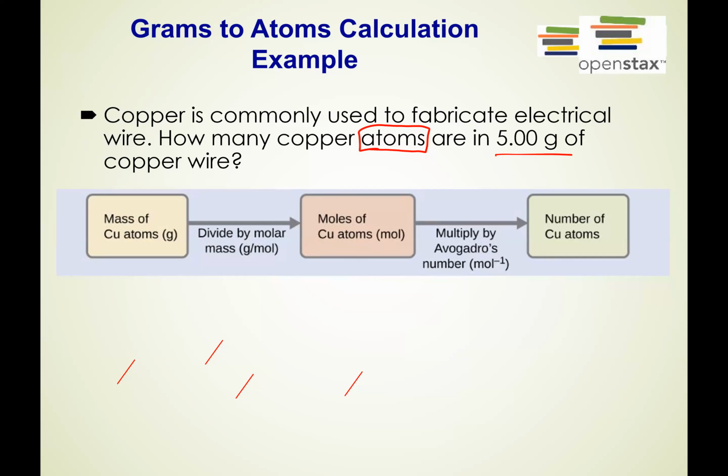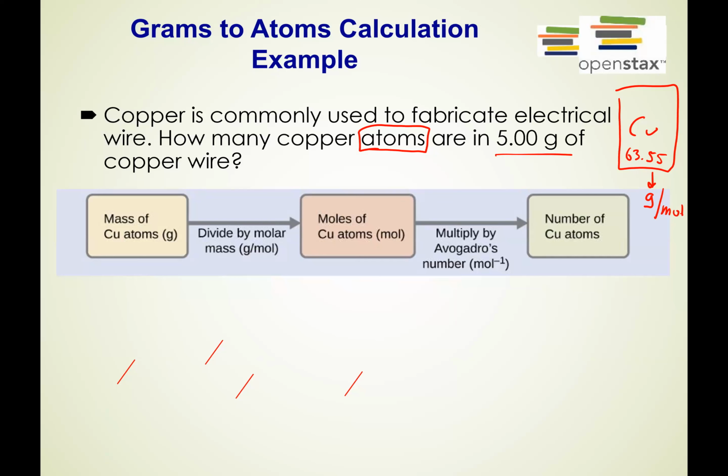Okay, when we look at the periodic table, here's copper. Copper is 63.55. What are the units of the 63.55? They are grams per what? Moles, right?